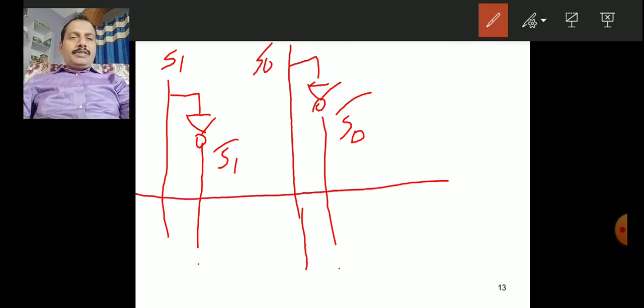This is the D0 input line, connected to the AND gate. For example, to select D0, what you have to connect? S1 bar. This is the way you make a strong dot like this, and connect like this.